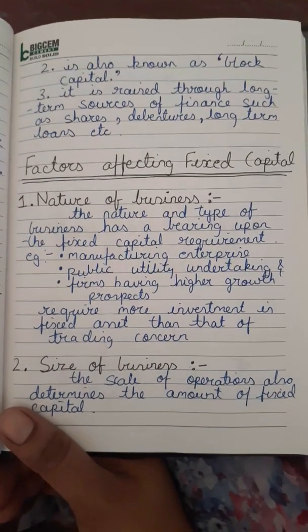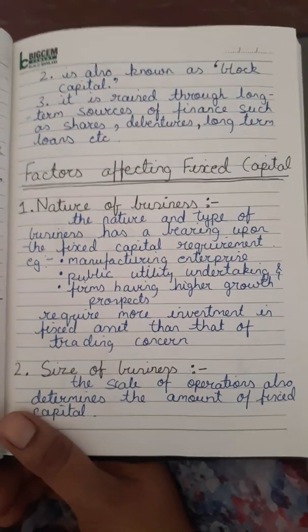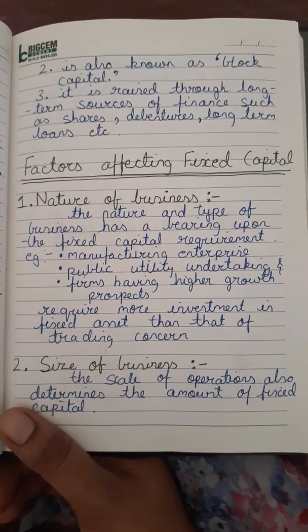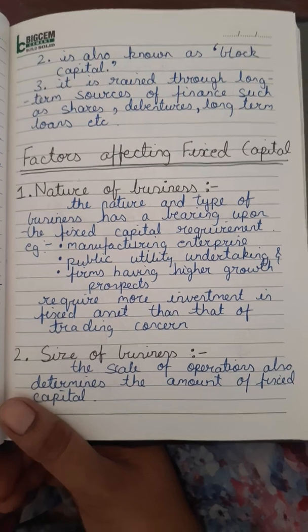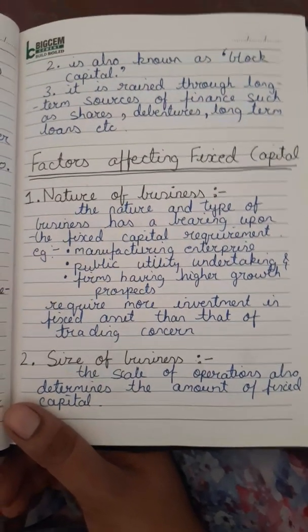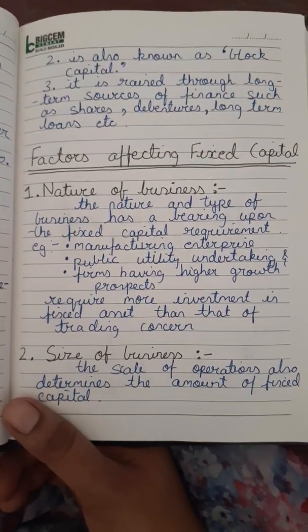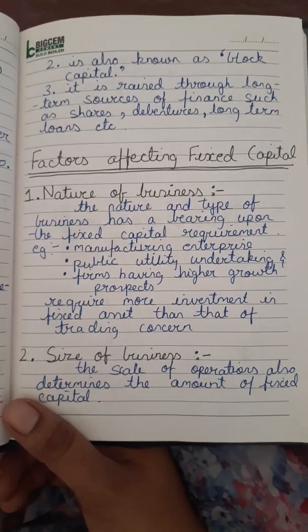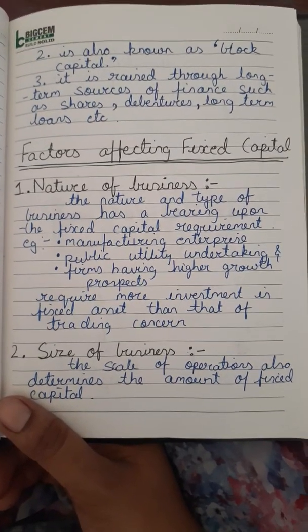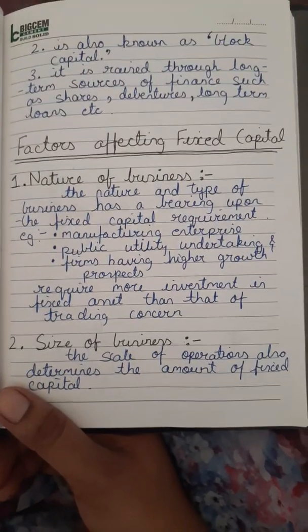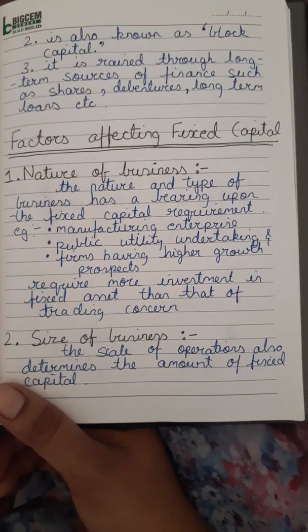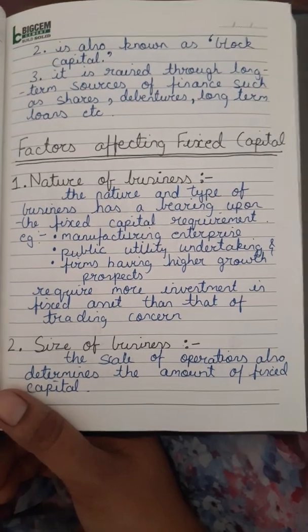Now the second heading of today of our online class is factors which affect fixed capital. The first factor which affects fixed capital is nature of business. The nature and type of business has a bearing upon the fixed capital requirement. For example, manufacturing enterprise, public utility undertaking.